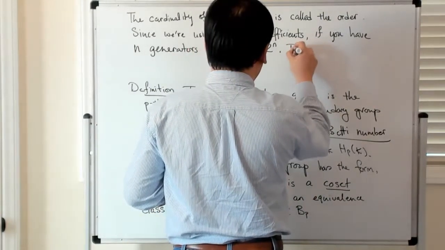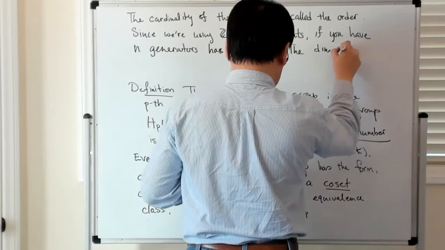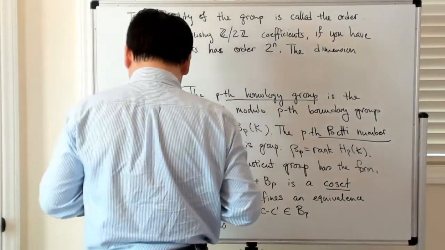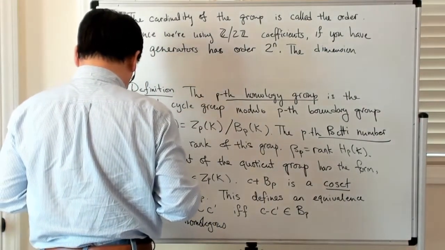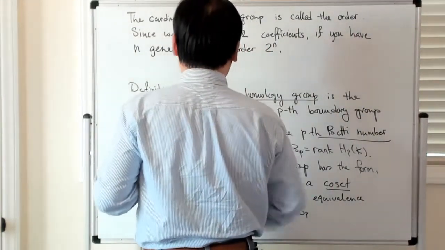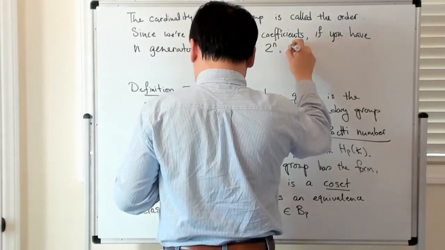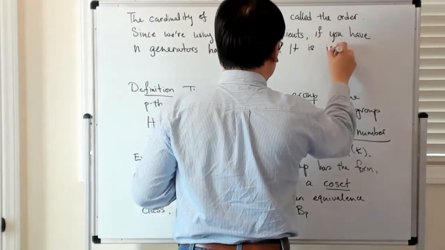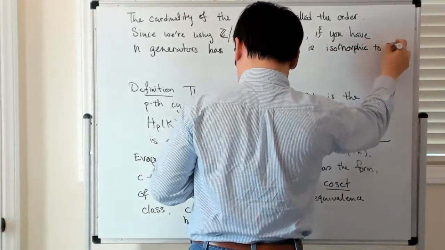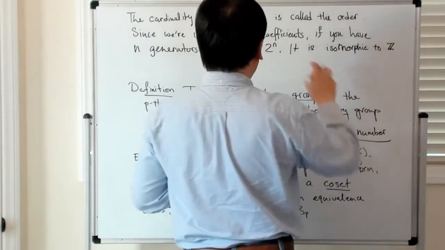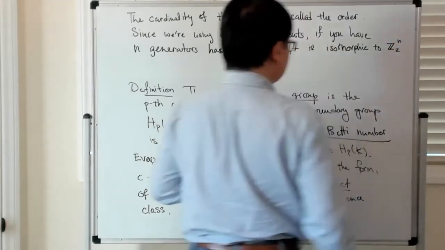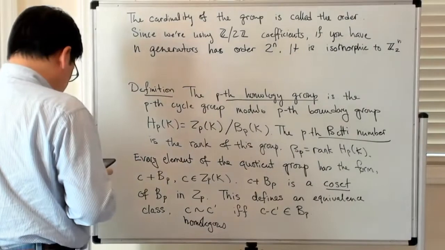And then the dimension. Before I say that, you have 2 to the n as the order, and it is isomorphic to, okay, there's another notation for Z mod 2Z, which is just Z sub 2. So it's just Z2 to the n.